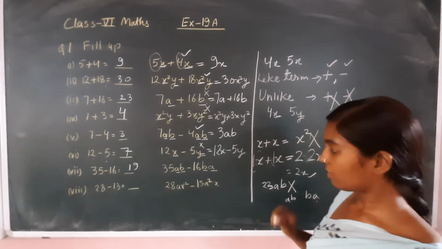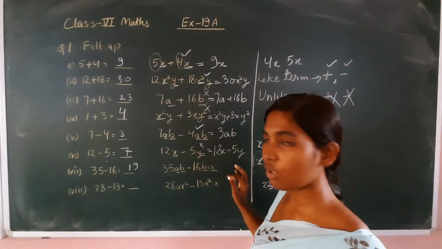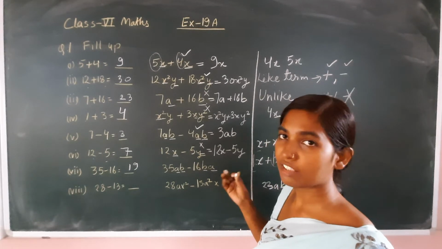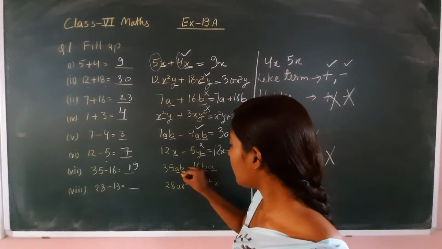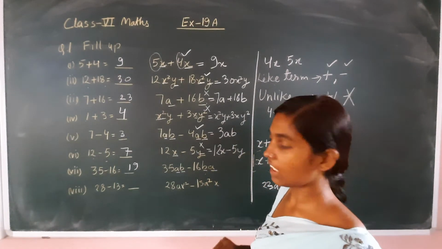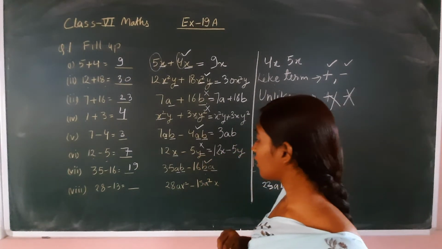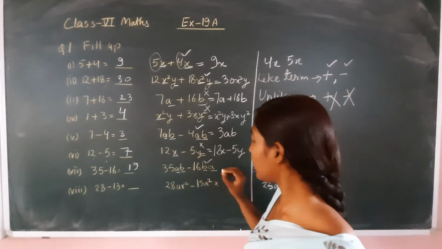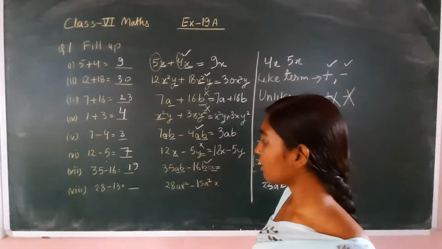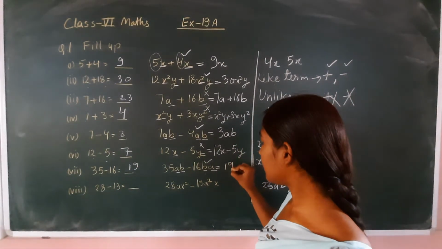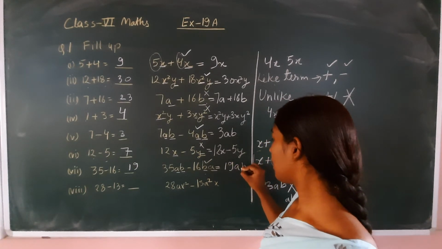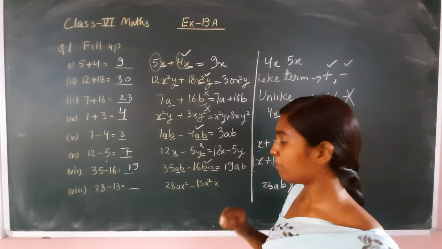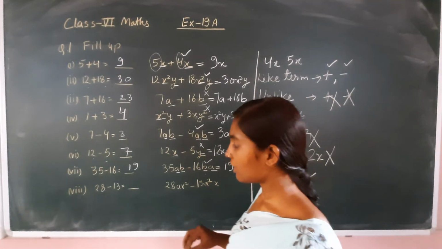Yes, there is no effect of order. Order does not affect like and unlike terms. Now AB and BA means they are like. Yes, they are like. That means they can be added or subtracted. Subtract, you will get 19 and AB. Either you write AB or you write BA, the answer is the same.